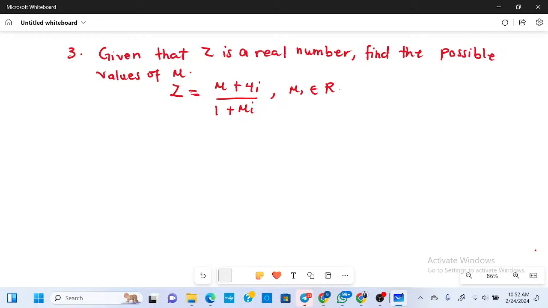So the problem is saying, given that our complex number z is a real number, when you have any complex number to be a real number, then it's a pure real number. So realize that our complex number doesn't have an imaginary part. So we can model our z to be equal to a plus 0i, where a is a real part.